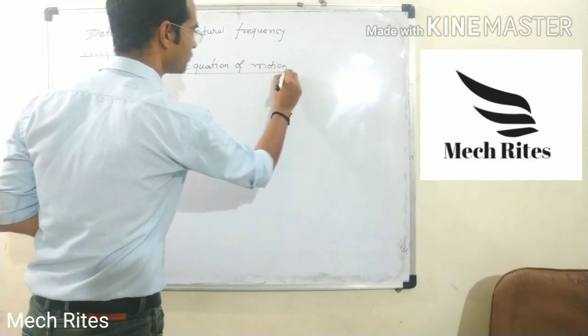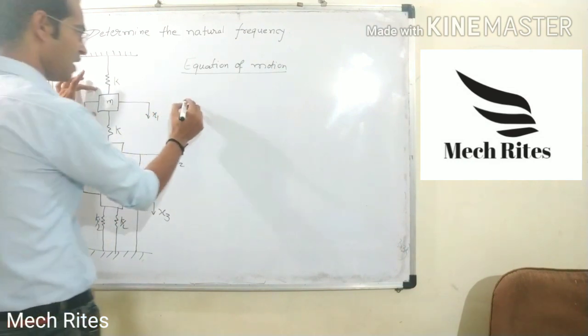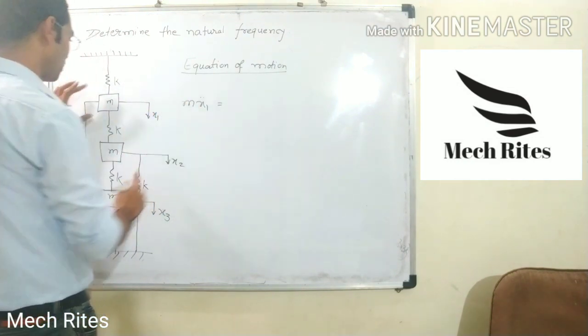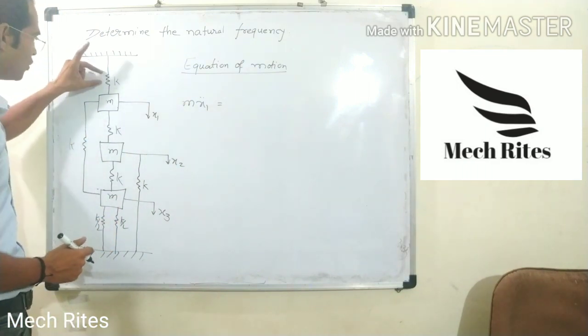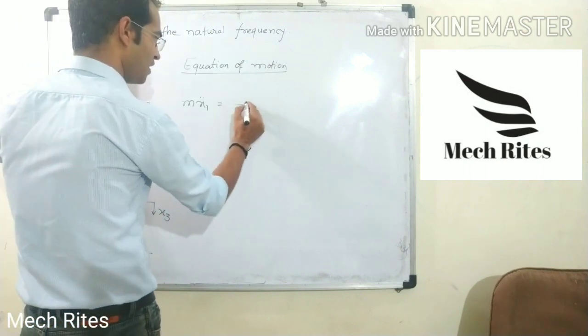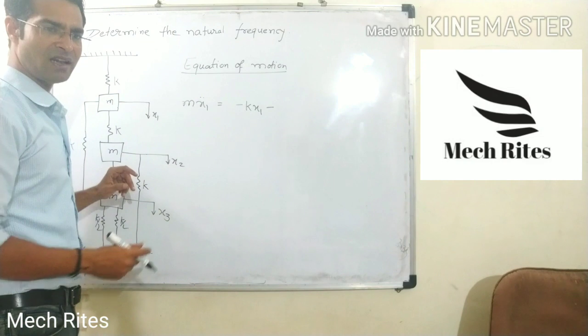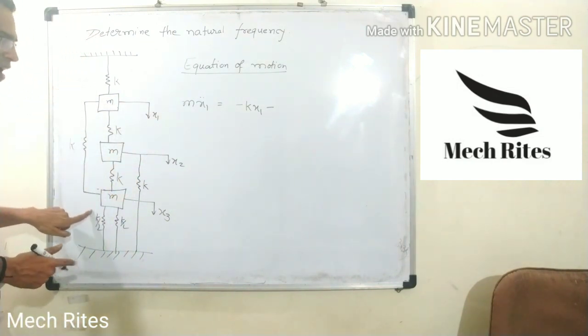Let us see. To solve this, first of all, for this part, m x1 double dot will be equal to, first I will write here minus k x1 due to this spring, minus k x1, minus another part: x1 is directly connected to x3.